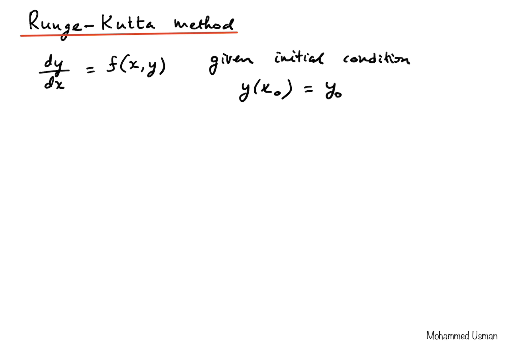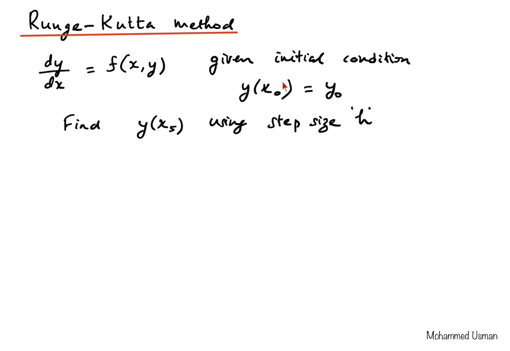So we are given x naught and y naught, and we are asked to find y of some x, let's say x5, using step size h. This will be provided to us in the question, and we need to move from x naught to x5 in steps of h.